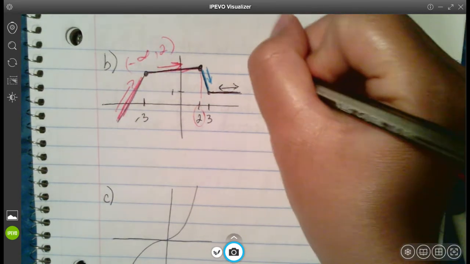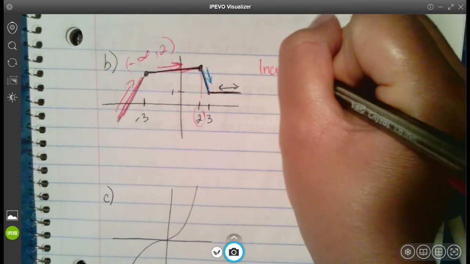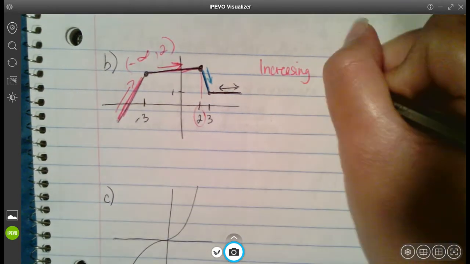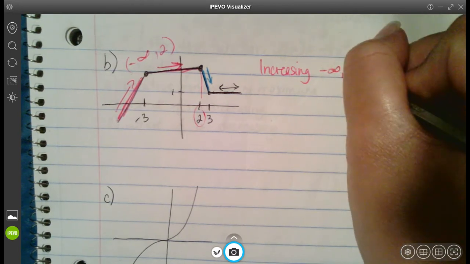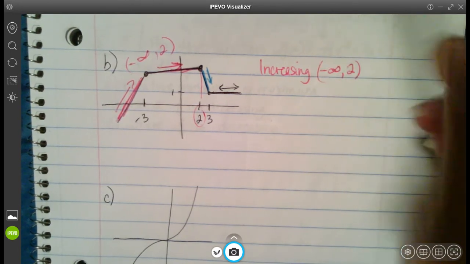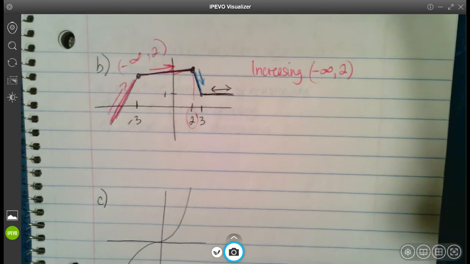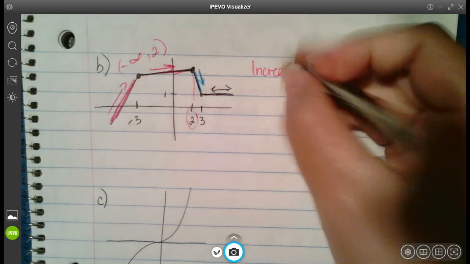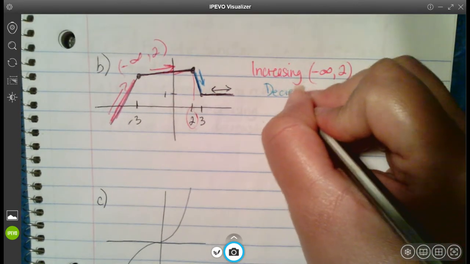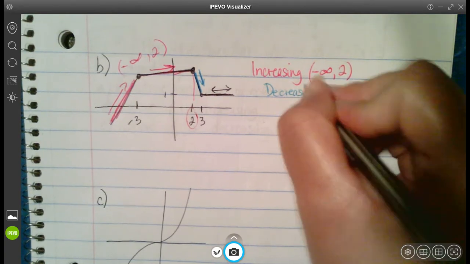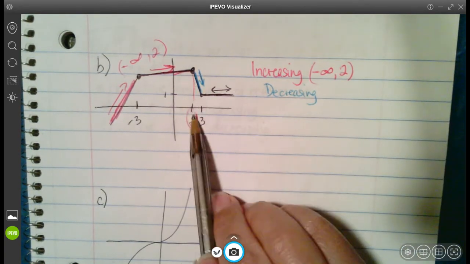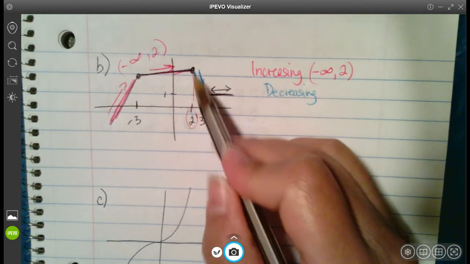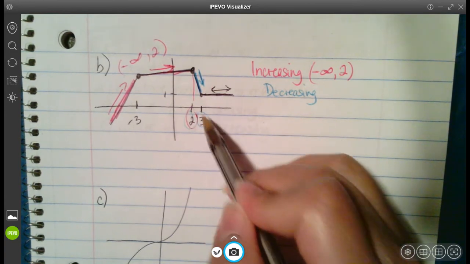So for increasing, my interval is negative infinity, comma, 2. For decreasing, it's a small little piece. It's between this point, 2, and this point, 3.